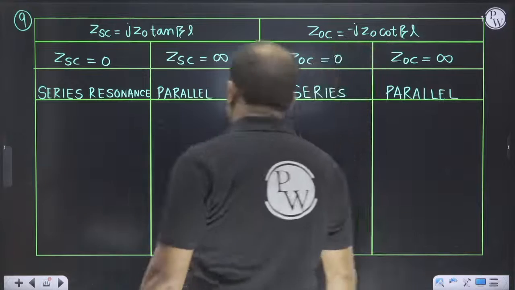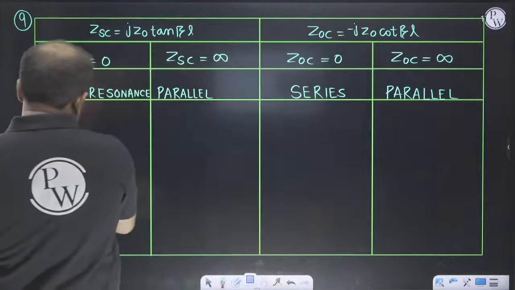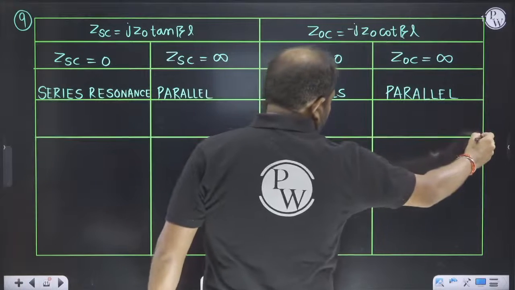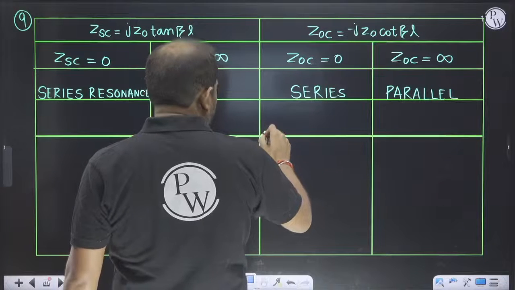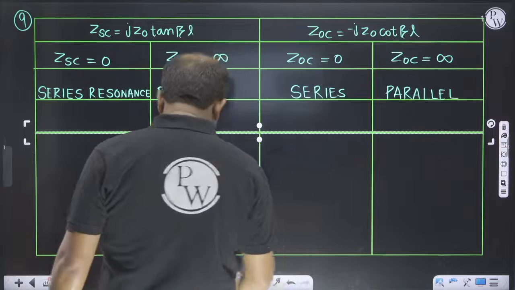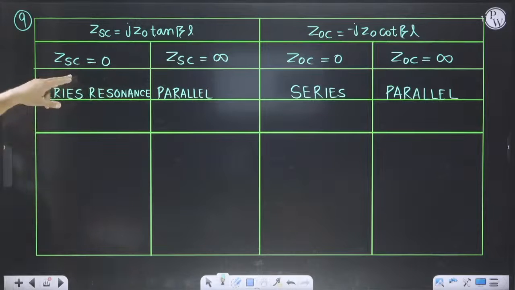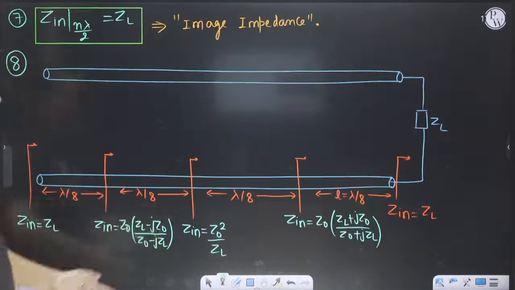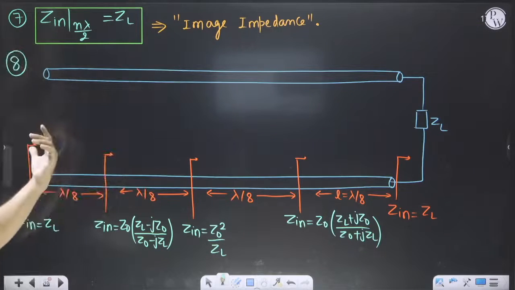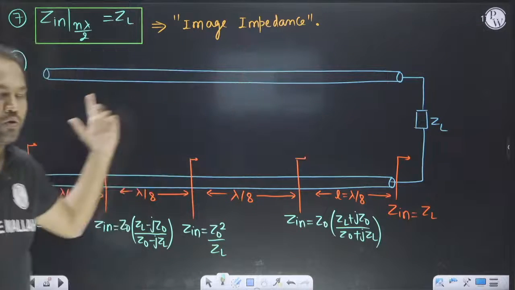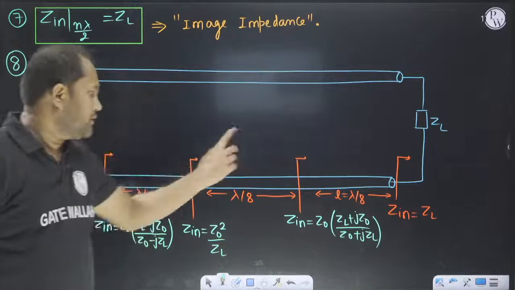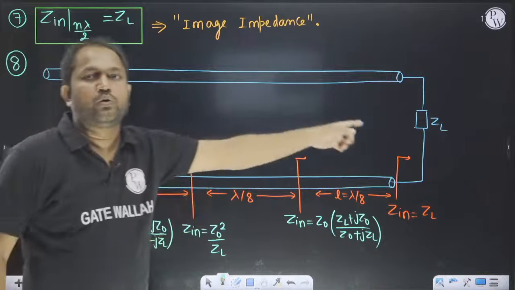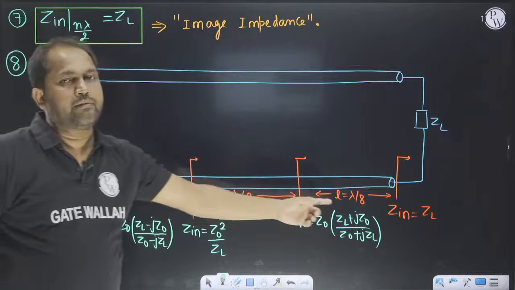Then I will ask, what is the value of length? You can easily tell. Here short circuit is short circuit, that means the length should be n lambda by 2, because the load is repeated at lambda by 2, and load inversion will occur at lambda by 4.